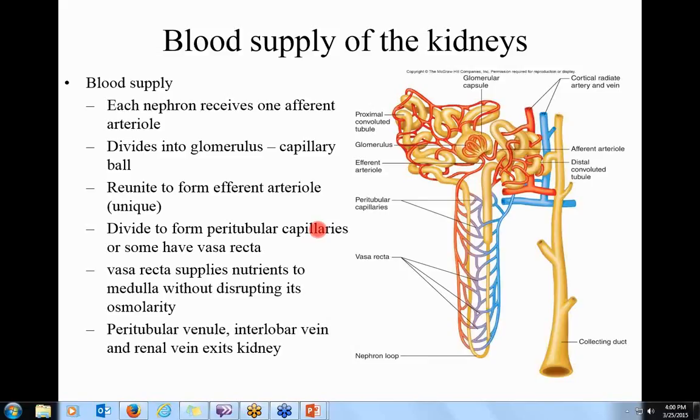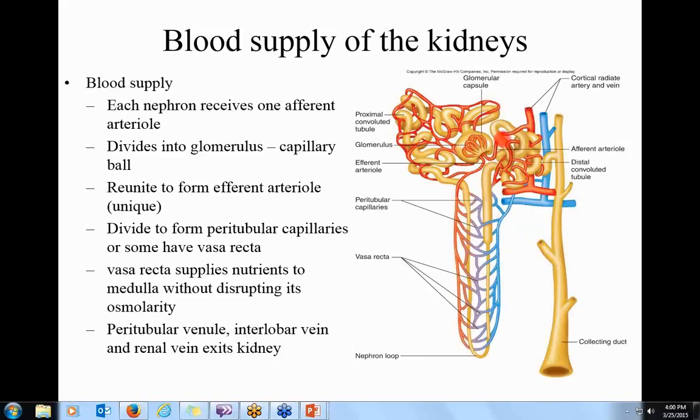What would happen in a normal capillary. And some have a vasa recta. Moving to the right here, the vasa recta is this part. This is only found in a special type of nephron. We'll talk about that in a minute. It does play the same part. It does deliver nutrients, but it doesn't disrupt the osmolarity, and we'll talk about why that's important in a bit.